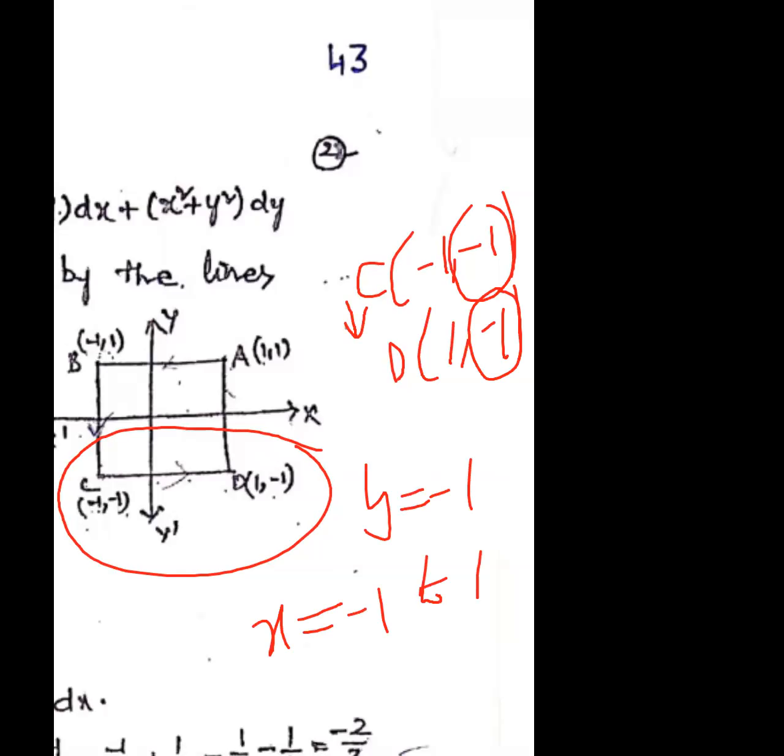When y equal to minus 1 is fixed, applying the derivative on both sides, dy equal to 0. So y is replaced by minus 1 and dy is completely 0. Substituting these values in the given problem, all values are converted into x terms. It is possible to take the line integral with respect to x.